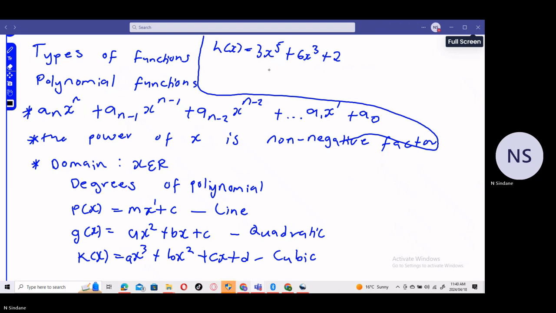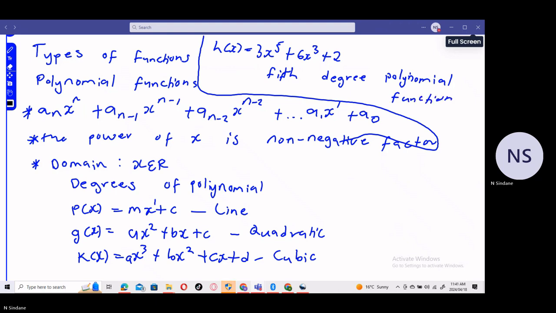You can also say this is a fifth degree polynomial function.